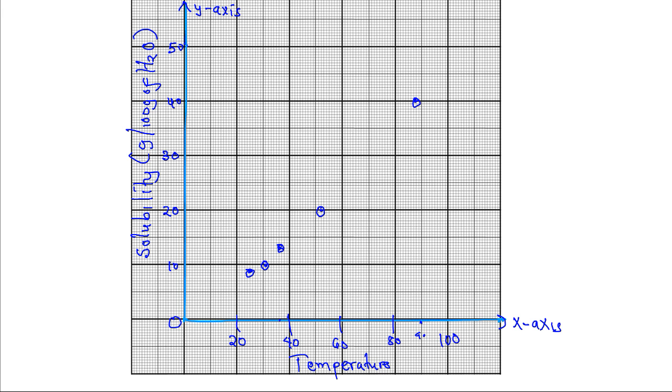Then we want to join this to draw our graph on solubility. A smooth curve, and this is for potassium chlorate.